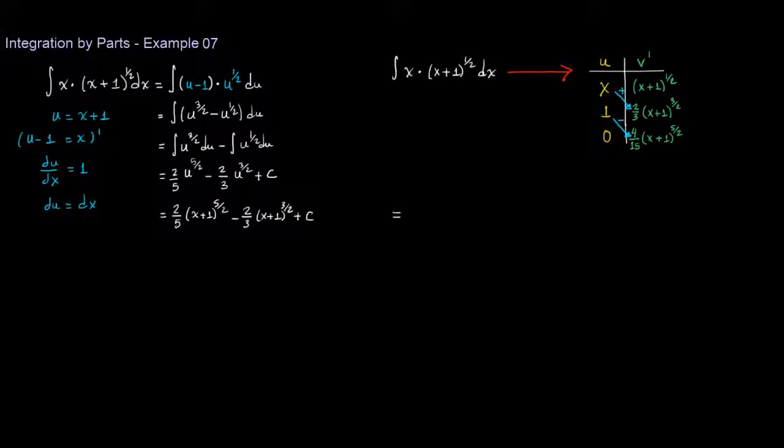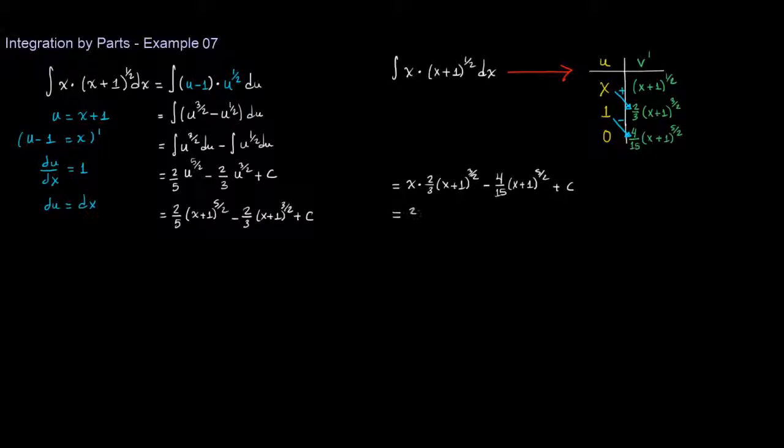First writing it, and then I'm going to simplify it. It's 2/3 times x plus 1 raised to the 3 over 2, and I guess it's probably better with the x, minus 4 over 15 times x plus 1 raised to the 5 over 2 plus c.